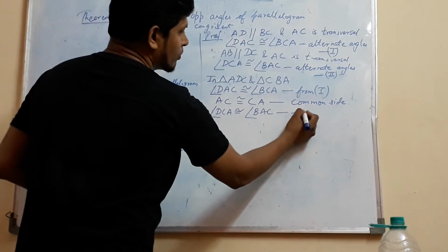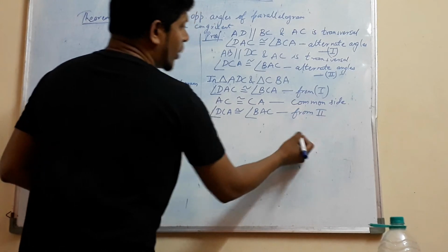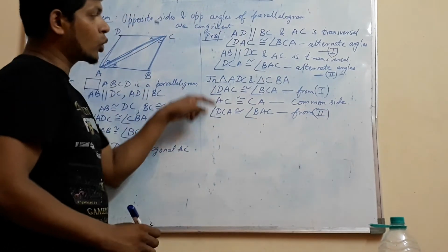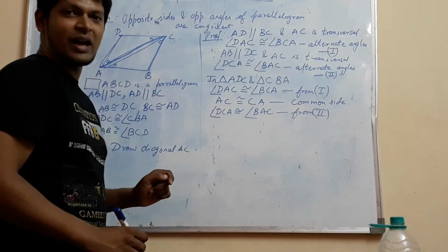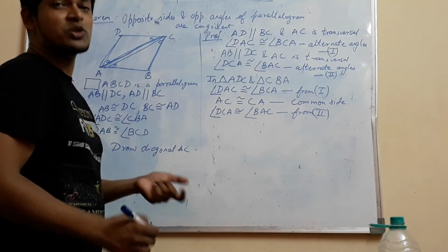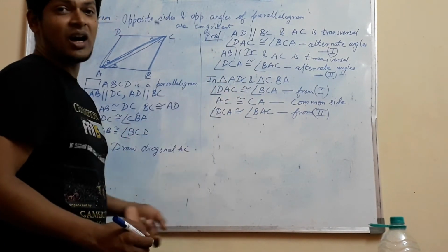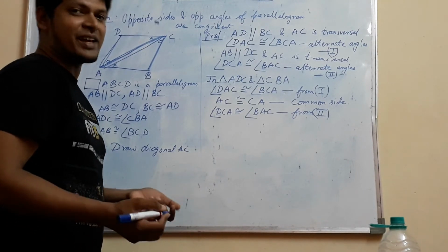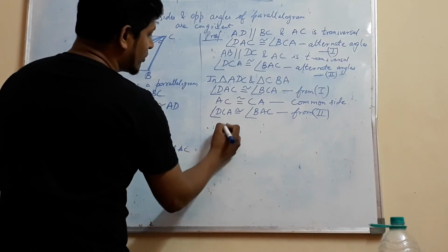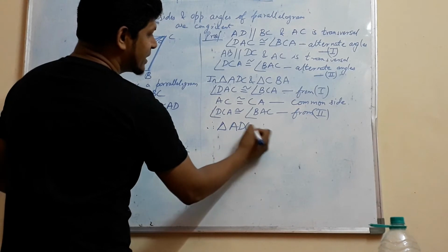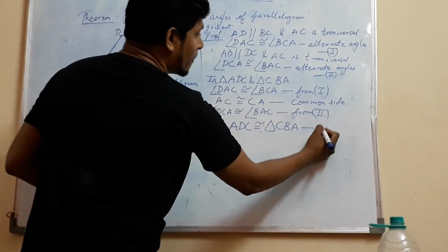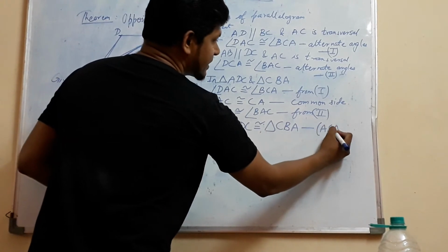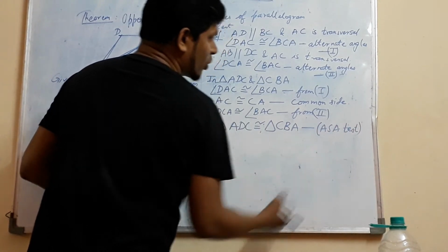This is from 2. So as you can see, we have two angles, and the side which is in between the angles is equal. So we can say that the triangles are congruent by ASA test. Therefore triangle ADC is congruent to triangle CBA by ASA test of congruency.